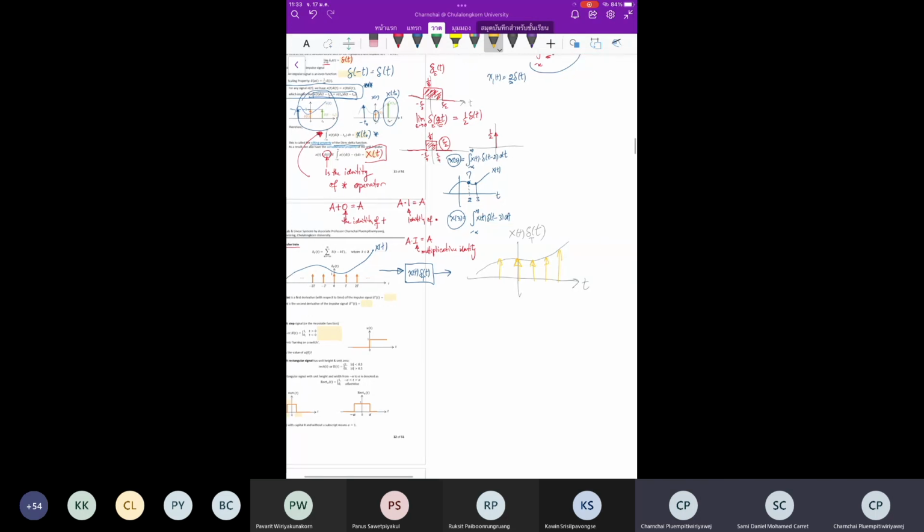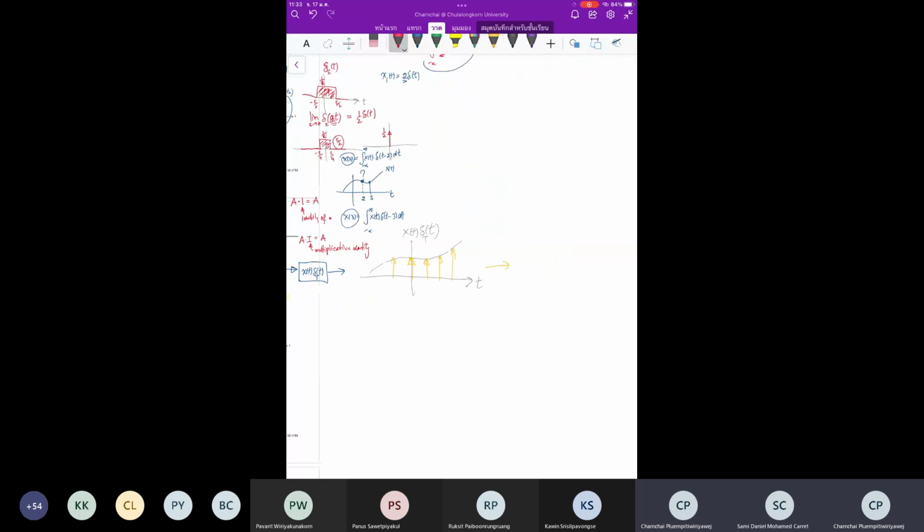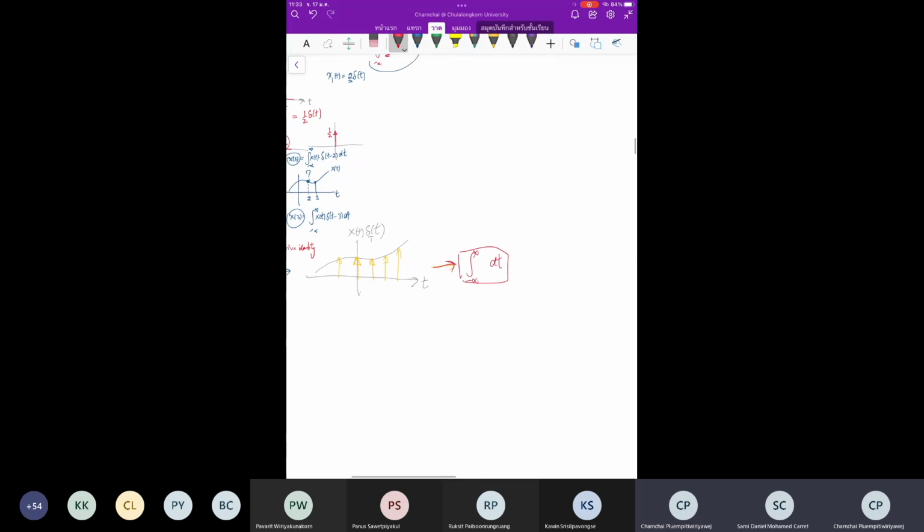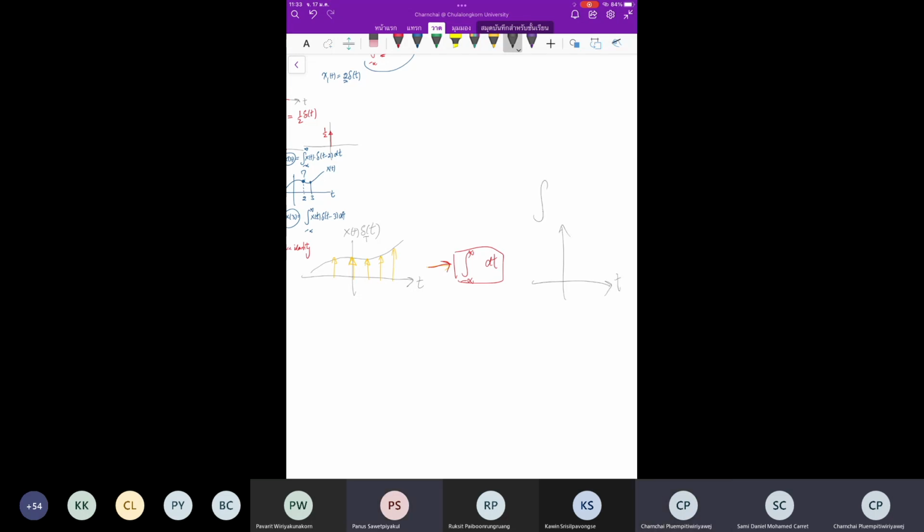And if I make it go through an integration dt from negative infinity to infinity, what would I get? This is the sum of the integral of x of t at each of the impulses.